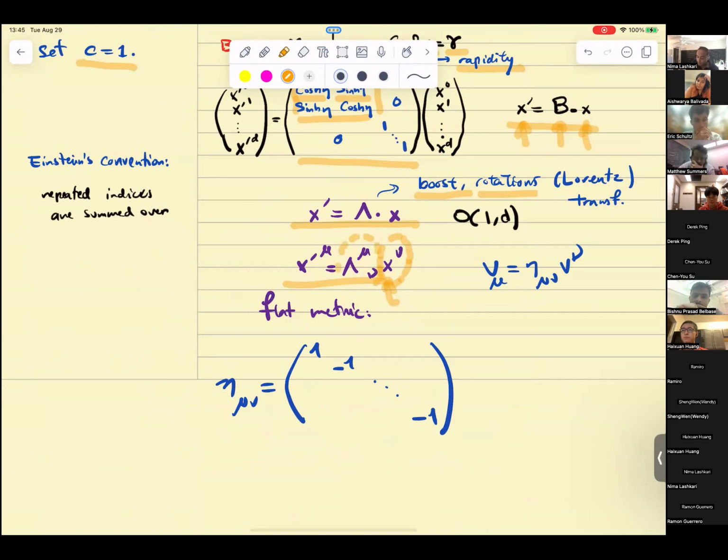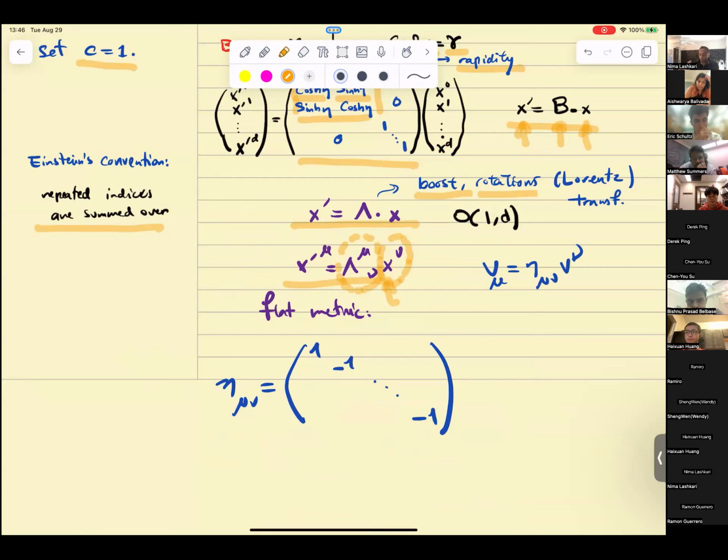This is a tensor, or matrix in this case, that's acting on it to give you the new coordinates, right? And we're using the Einstein convention, which means that repeated indices are summed over. That's going to be universally the case in this course. Otherwise there will be a million sums all over the place and it's not convenient.